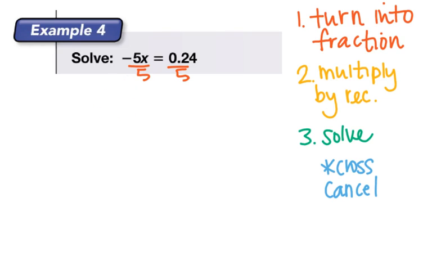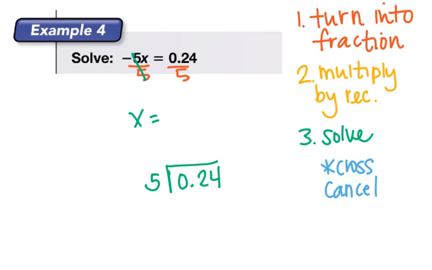So I divide and then you solve. Well, this cancels out to give me x. And now I have 0.24 divided by 5. So let's do the math on that. 0.24 divided by 5.